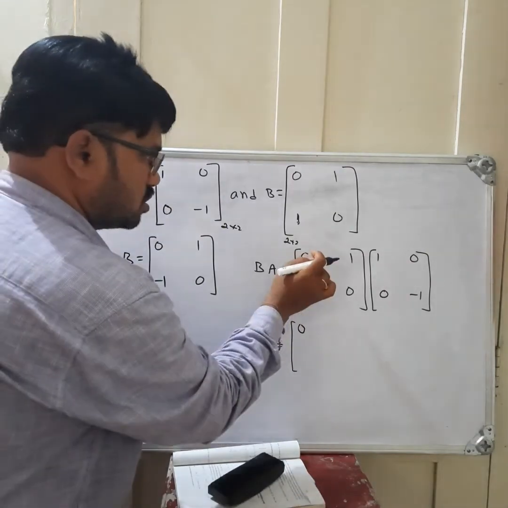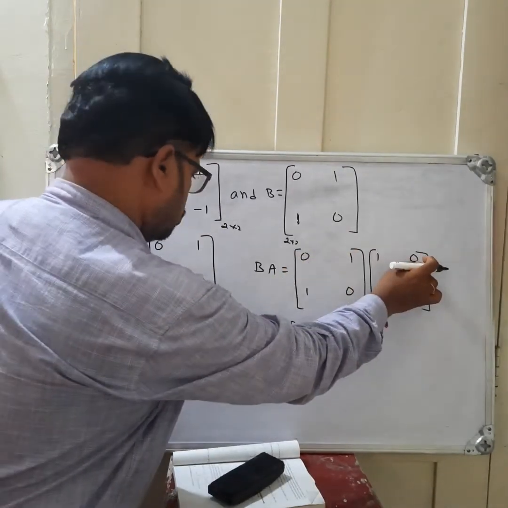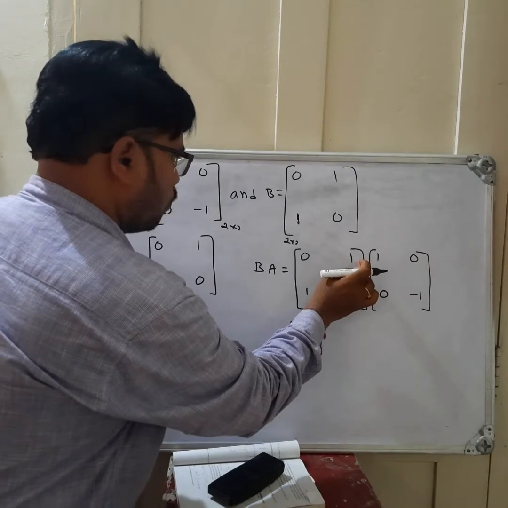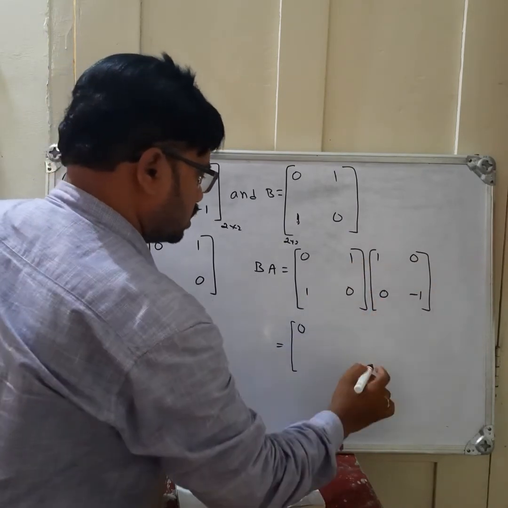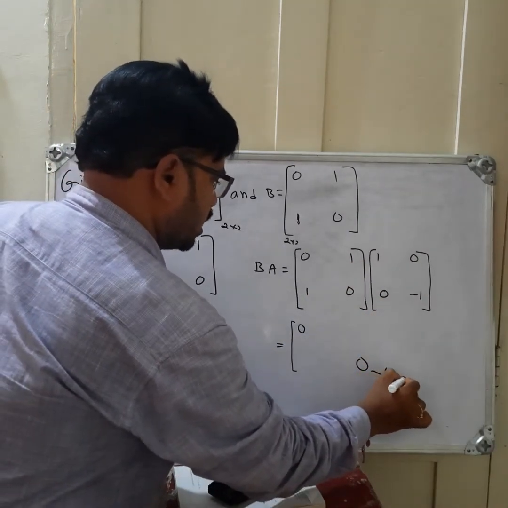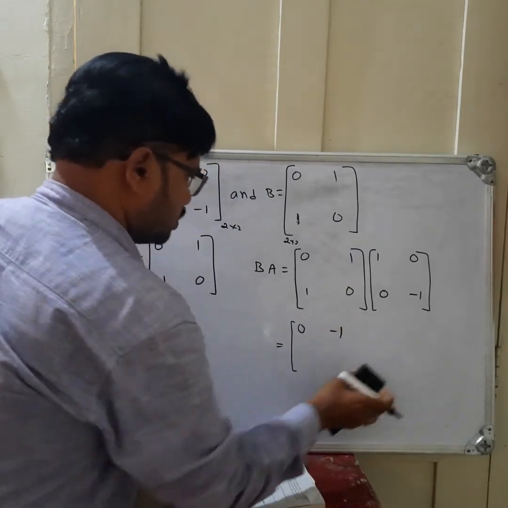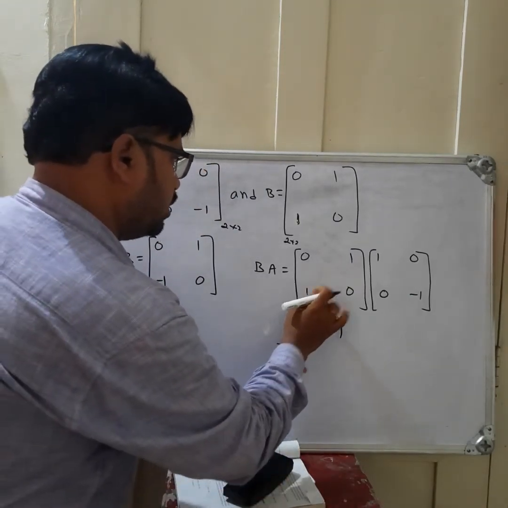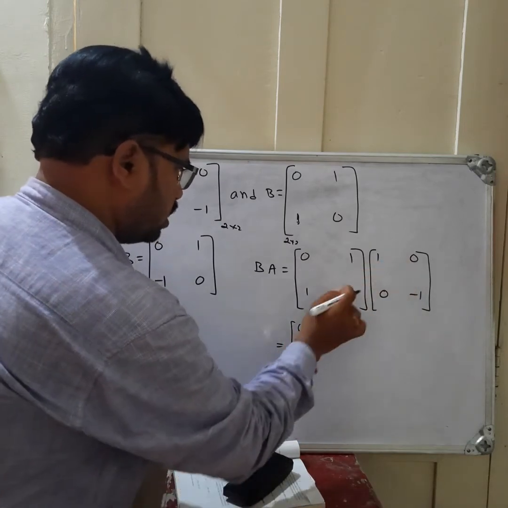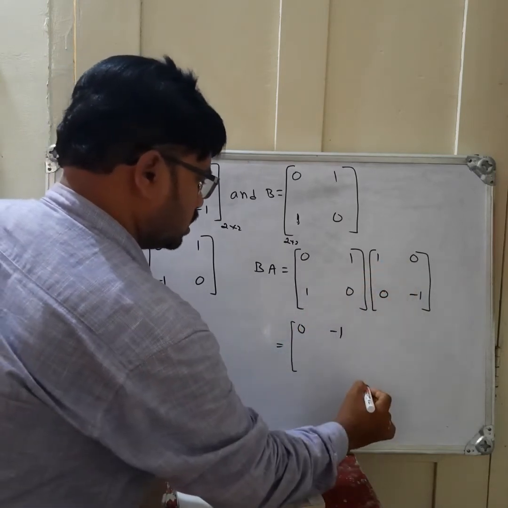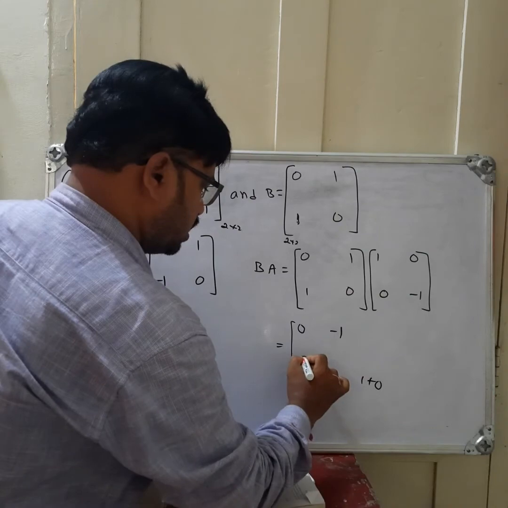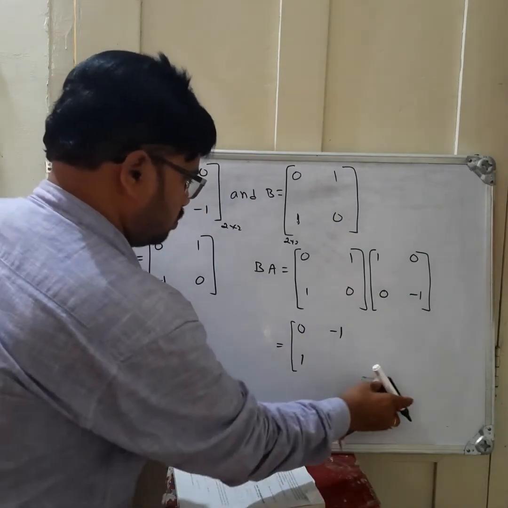And next 0 into 0, 0, plus 1 into minus 1. That means 0 minus 1, again you get the value minus 1. So this value is minus 1. And next 1 into 1 is 1, plus 0 into 0, 0. That means 1 plus 0, again we get the same value 1.